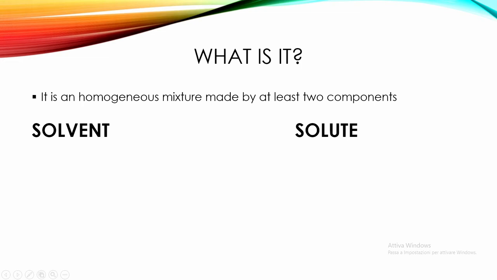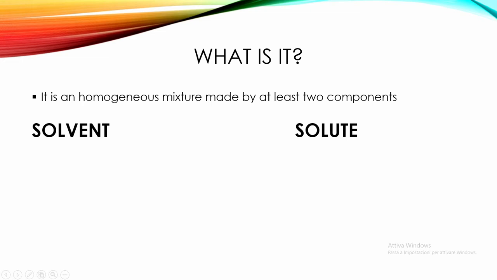That's because in a solution you can have more than one solute. For example, you can have sodium chloride, or even something like calcium chloride or other salts, and all of these salts in the same solvent. This will anyway be a solution, but the basic solution is formed by solvent and solute.